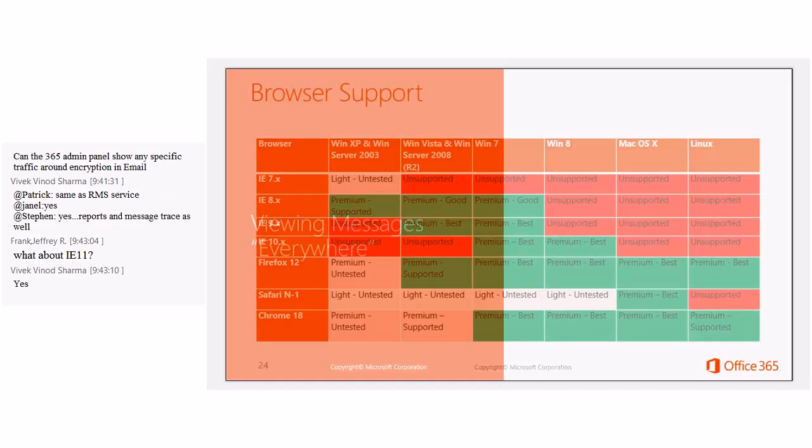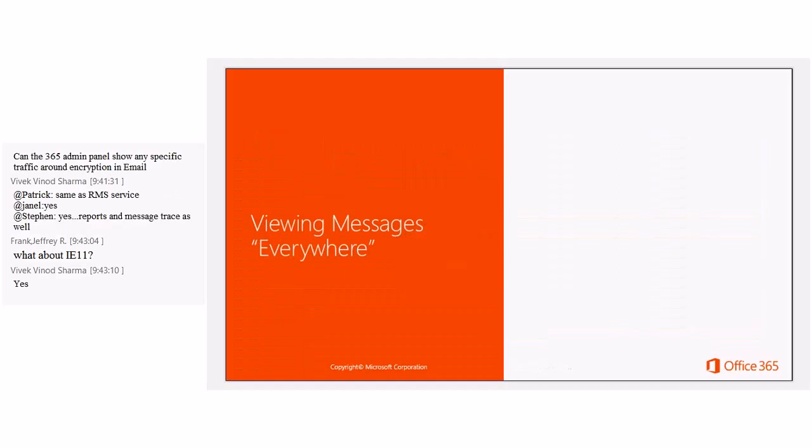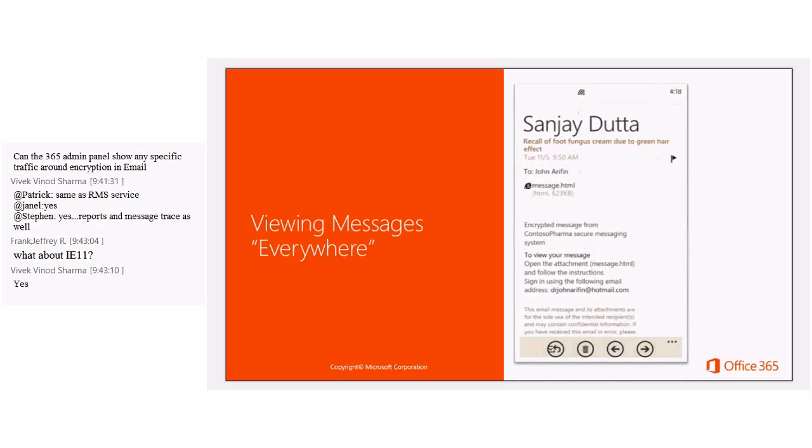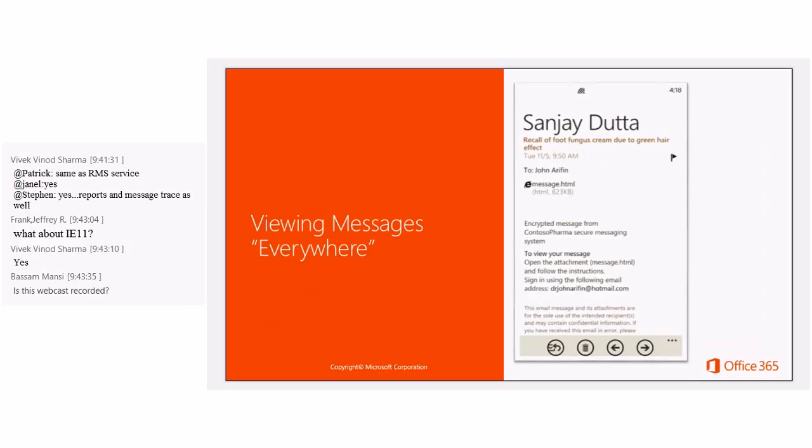All right, and because all the encryption and decryption is done on a portal, we can view messages from anywhere on any device, provided that you have the appropriate browser. These are just some quick screen captures to show you what that looks like. This is obviously on a Windows phone, Windows 8. And you notice there's the notification message, the message HTML, which is our encrypted message.